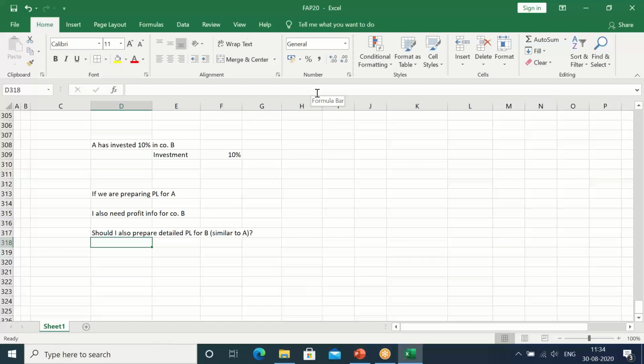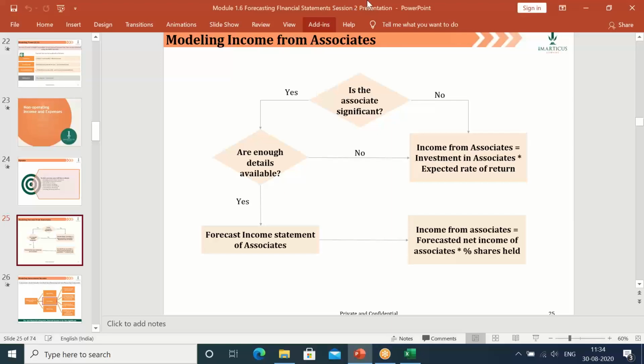Right. Now how do you address this problem with this slide? So first, is this associate a significant associate? Which means, is company B a significant revenue या profit या dividends आने वाला है क्या?